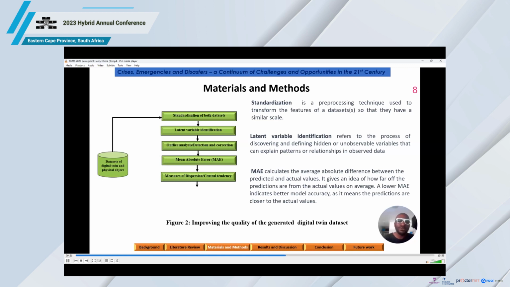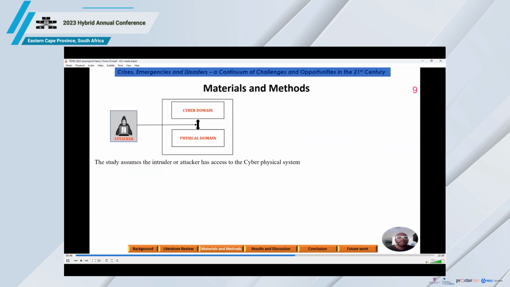This will help to identify the difference between the values of the digital twin data set and the physical twin data set. Upon getting those values, we'll now integrate them back into the digital twin to generate a data set that is much closer to the physical object.